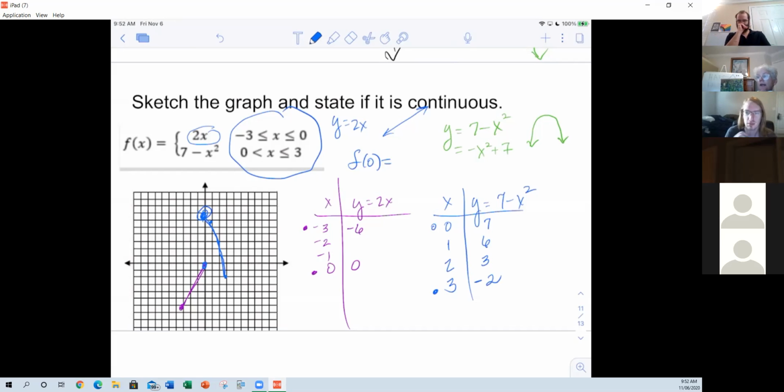Because which one would we plug it into? Would we plug it into this one, or this one? We have to know that, right? So we plug it into the first one because 0 is included in that inequality, whereas in the second one, 0 is not included. That's why we have the open dot on the 0. Okay, so is this function continuous? No.